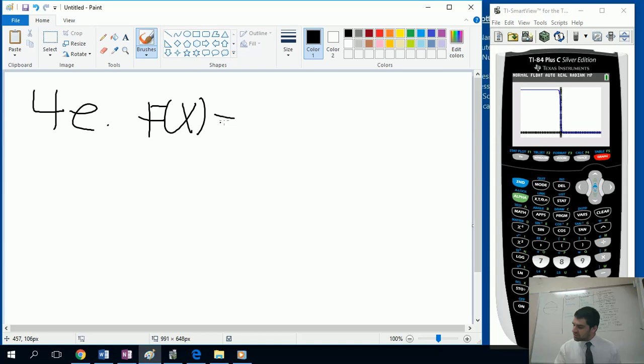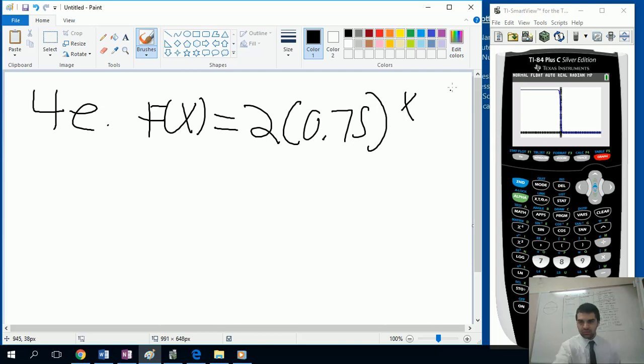f of x is equal to 2 times 0.75 to the x. So, two times 0.75 to the x.